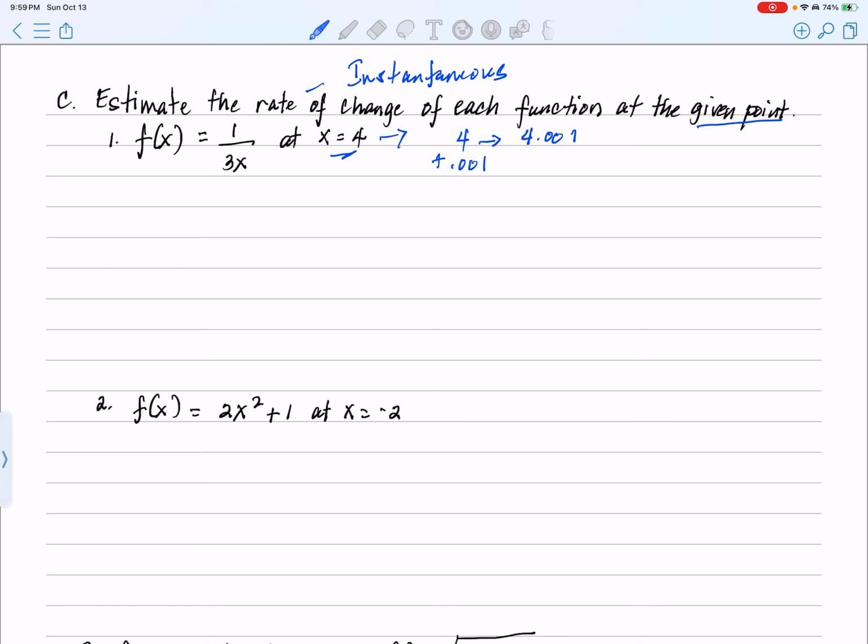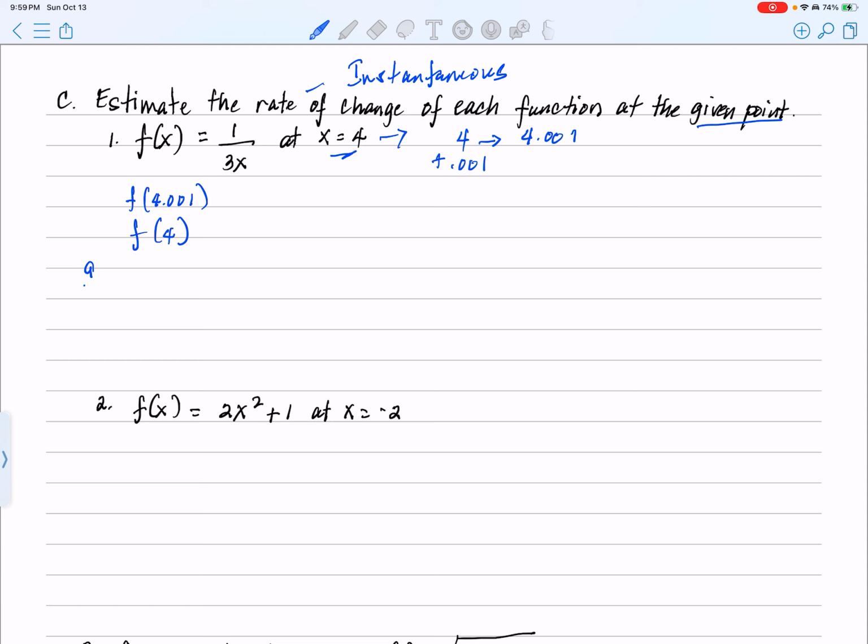All right. So the values that we will be using for our function are f of 4.001 and the function of 4. So the point will be 4.001.